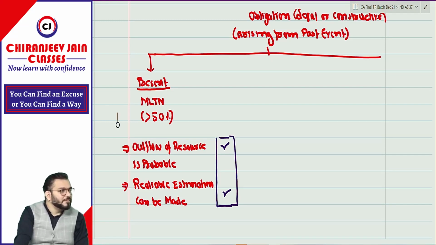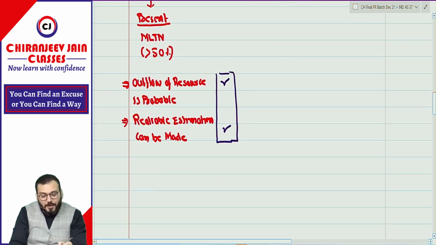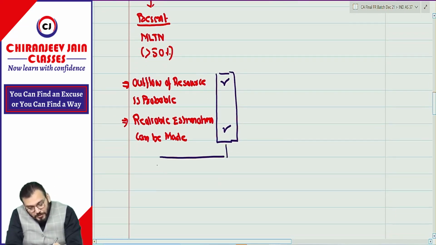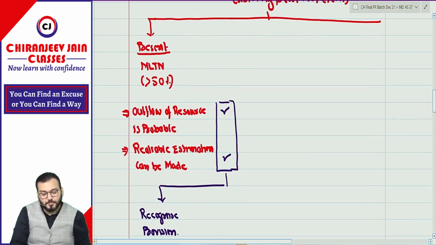It will help you for revision only. Have you understood this? Legal obligation arising from past event. Correct? Present obligation. With present obligation, outflow of resource must be probable and reliable estimation can be made. If all these three conditions are satisfied, then what? A recognized provision. Correct?